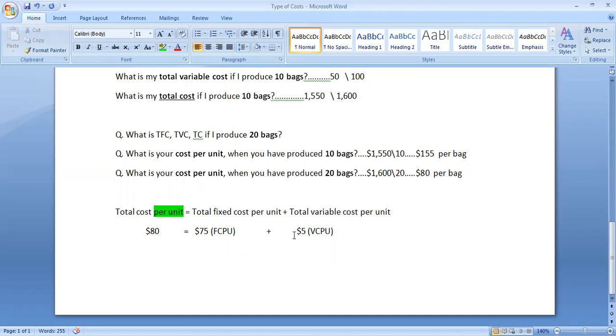Usually for some farms the fixed cost is too high. In that case, if your fixed cost is too high, maybe you need to consider a different approach to price your product.